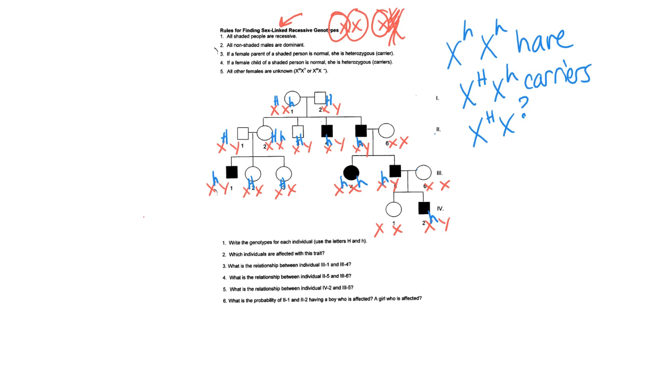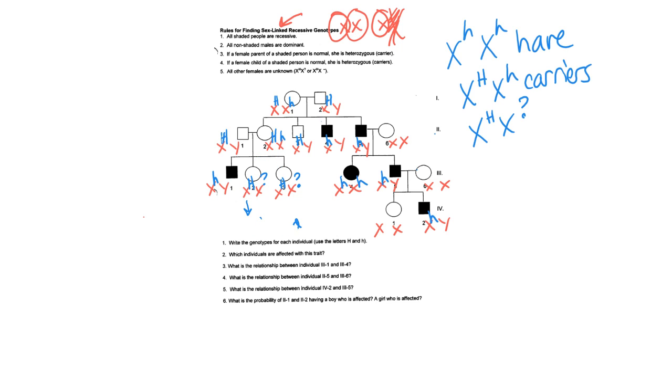We know that dad had to give them an X big H. But mom could give a big H or a little h, and it wouldn't affect what they looked like, right? So these two daughters here are unknown. We don't know what they would be.